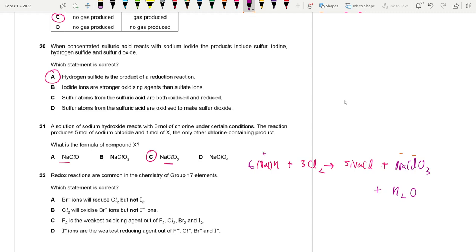Sodium remains the same. This goes from 0 to -1 here, but there are 5 in total, so 5 electrons have been gained. This goes from 0 to +5, so 5 electrons have been lost. It's balanced out. And we need 1 mole of water. That is the final part, okay? It balances out, I guess. Check it out.